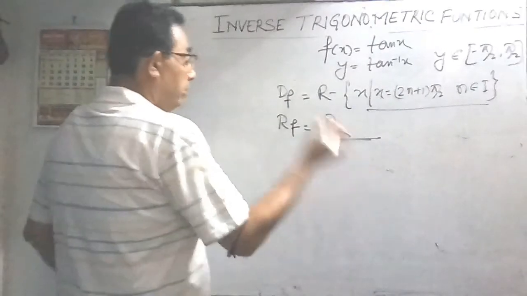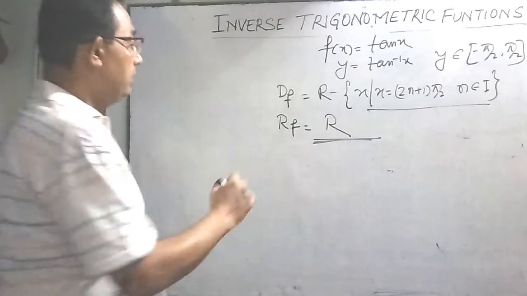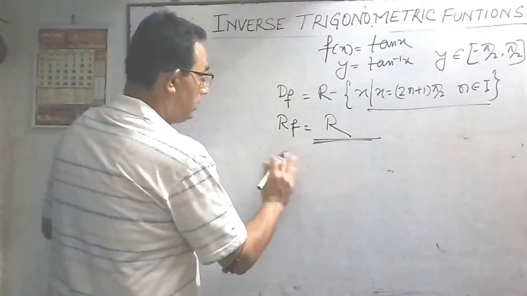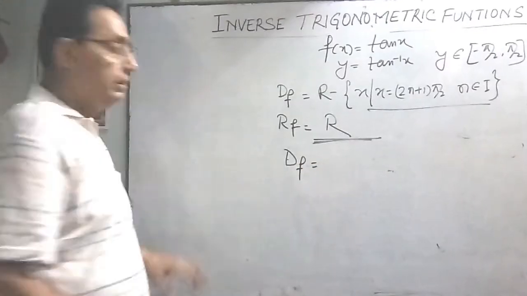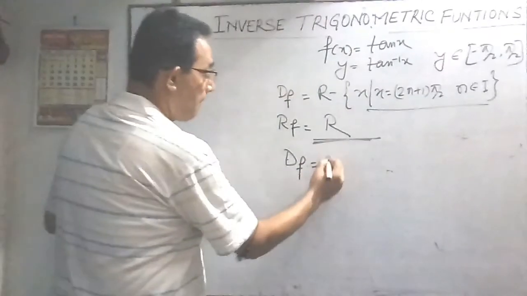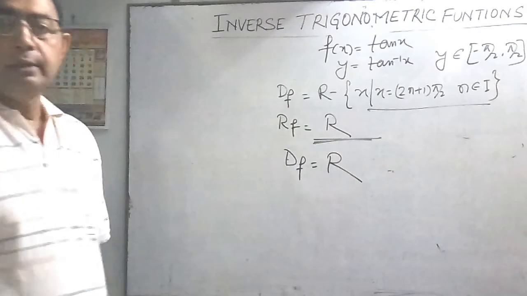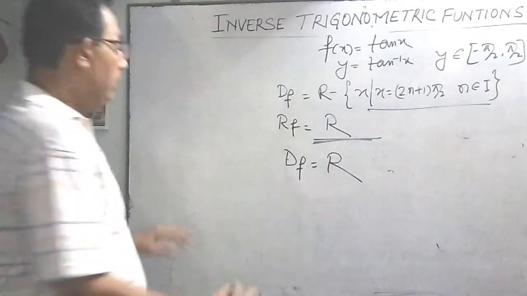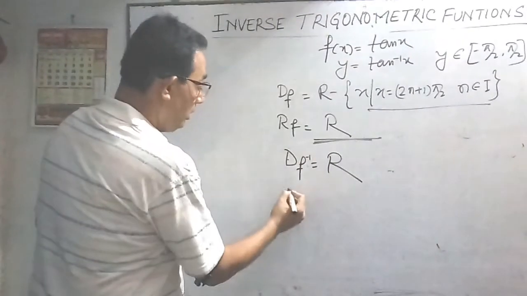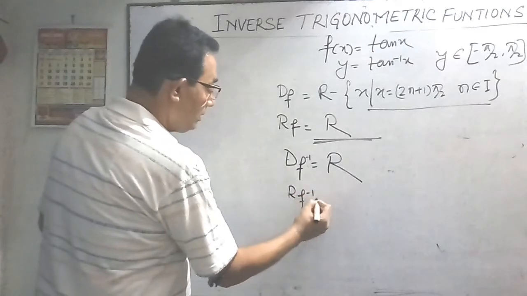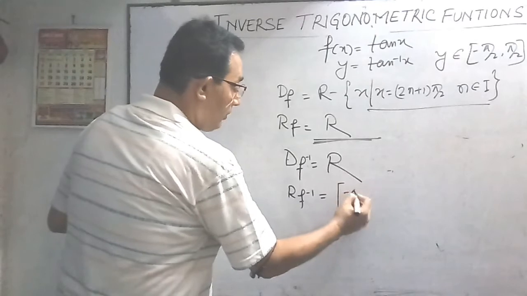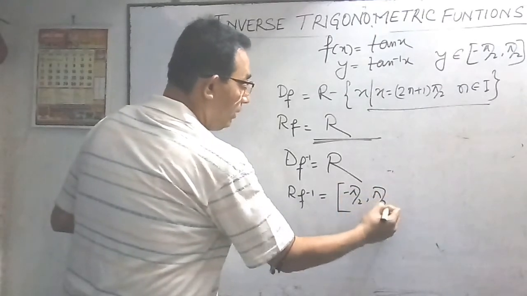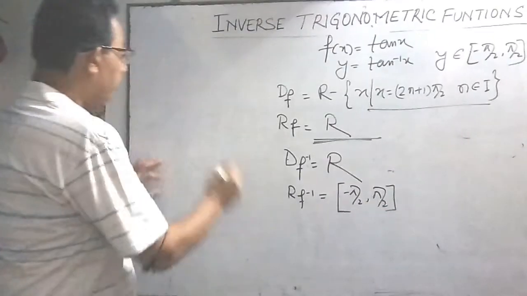Clear? Now, in the case of the inverse, the domain of f is also the real numbers. Then the range of f dash will be minus pi by 2 to pi by 2.